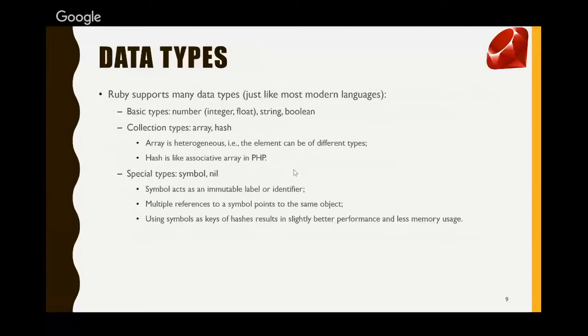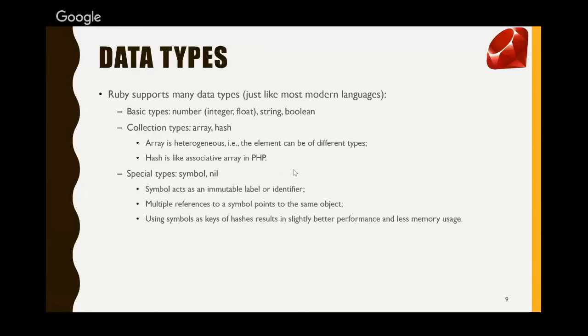One is called an indexed array, which is just a normal array, same as in Ruby. And PHP also has an associative array, which is like a hash map. But in Ruby, it's just called a hash. So hash map is natively supported in Ruby, and later we'll see the syntax is very similar to the associative array in PHP.